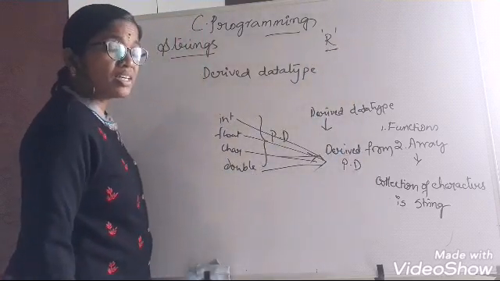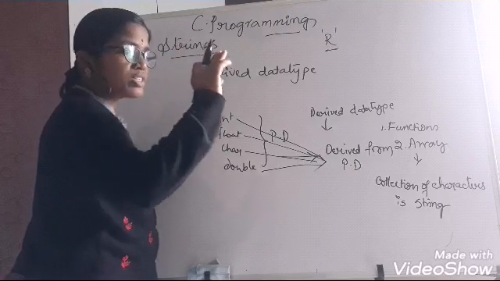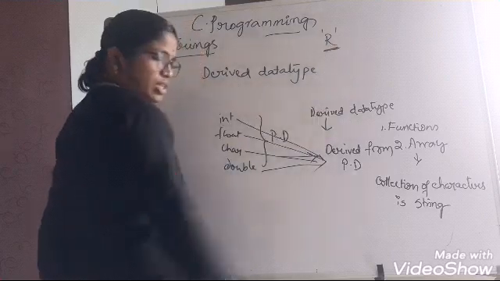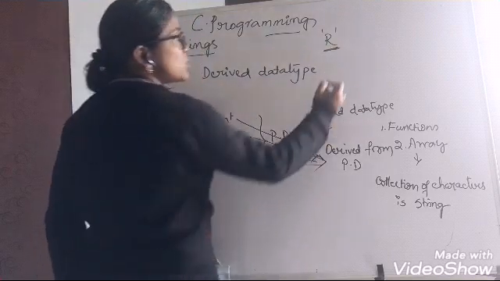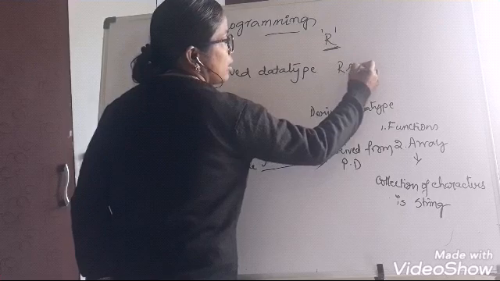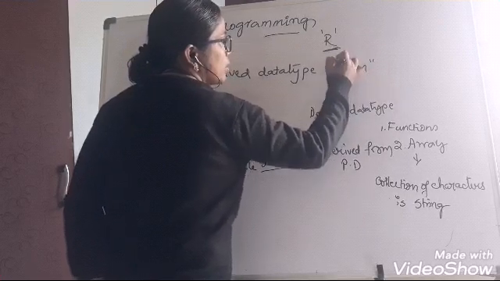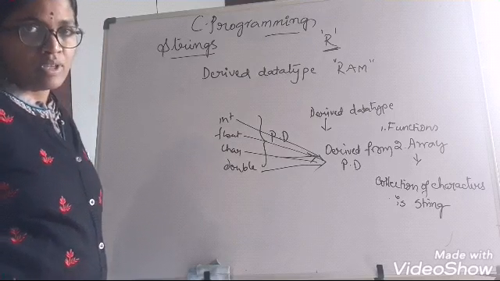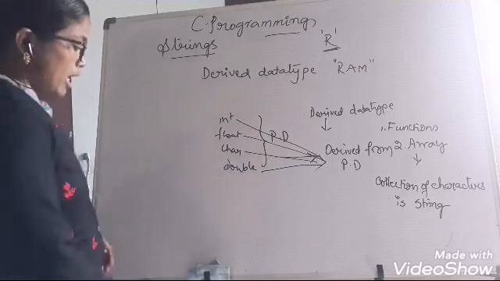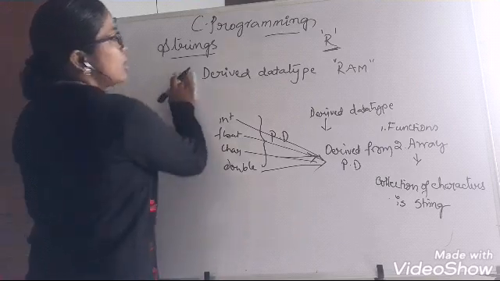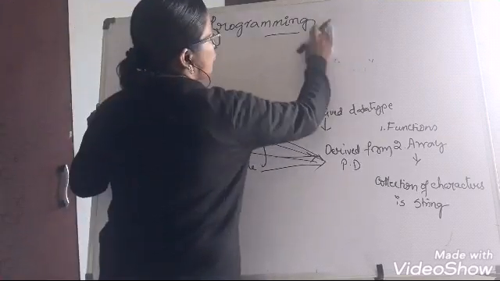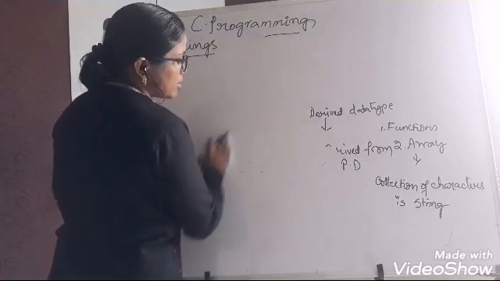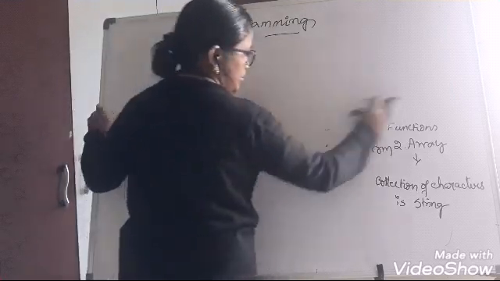This we have already learnt while learning the concept of constants. This is called a character constant. Whereas anything written in double quotes is called a string. So simply I can define: a collection of characters is called a string.